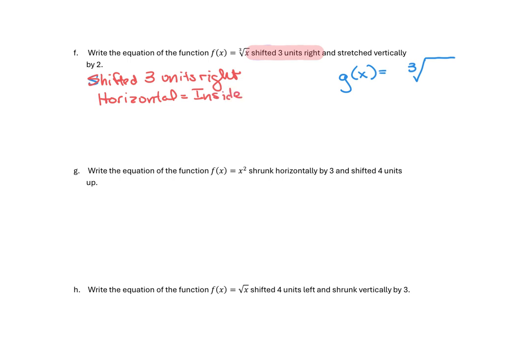And remember, we do the opposite. So if we're moving to the right, that's in the positive direction. This means I want to write it as -3. It goes inside my function, so we get the cube root of x minus 3 on the inside.